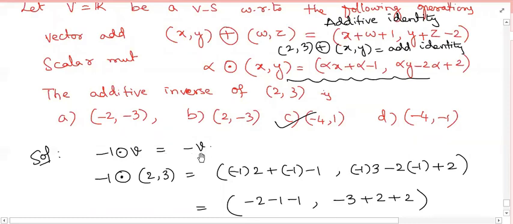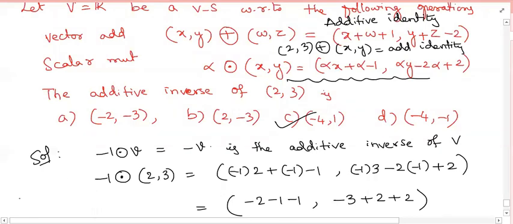What is -V? -V is the notation for the additive inverse of V. That everybody knows, right? So if I want to find the additive inverse of V, I just need to multiply the scalar -1 with V.